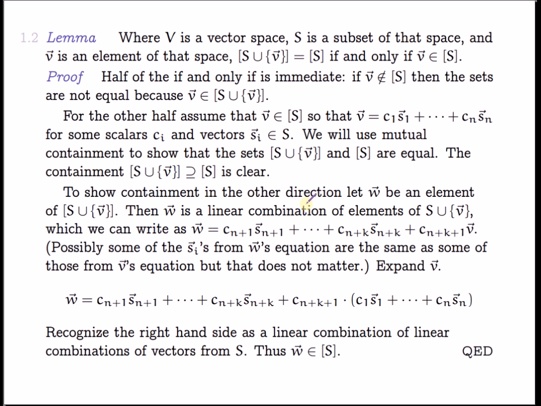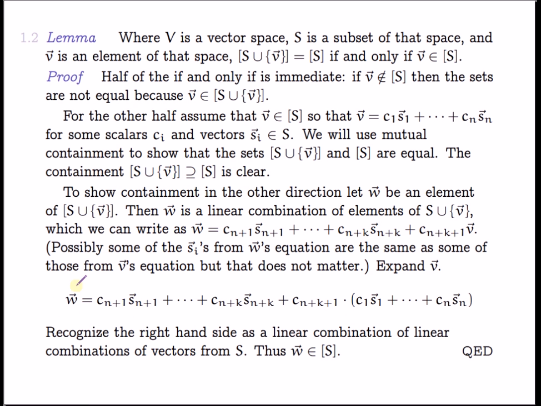On the other hand, let W be an element of the span of S union V. Then W is a linear combination of elements of S union V. We can write W as a linear combination in this way, and we can write V as a linear combination of elements of S. So we're using the linear combination of linear combinations lemma: once we replace V with its expression as a linear combination of S's, we can have W as a linear combination of S's.